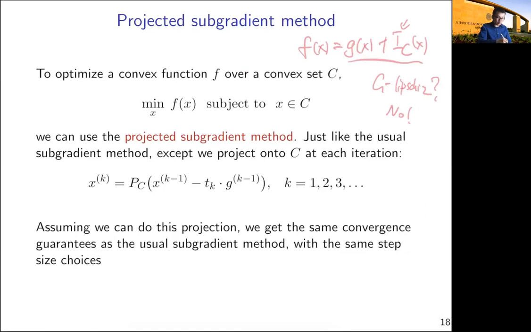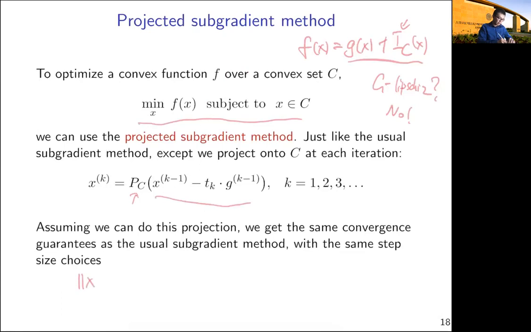However, when you are solving this problem, there's an alternative algorithm called the projected subgradient method that moves along a particular negative subgradient direction, and then projects it back to the convex set. So this happens to work. The reason why it works is the following.